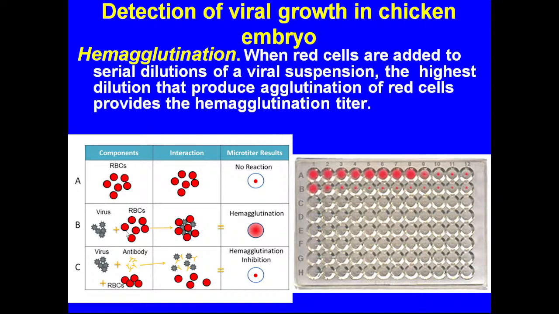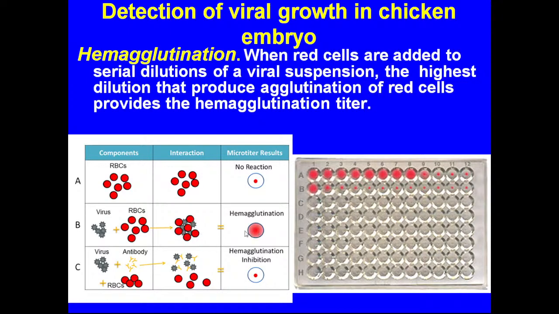The red blood cells will bind with the newly synthesized viruses through the surface glycoprotein that is called hemagglutinin. This is a spike that may bind with red blood cells. So through viruses, all red blood cells will be agglutinated or clumped together.